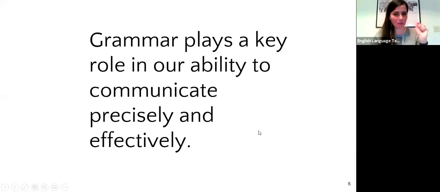So grammar does play a key role in our ability to communicate precisely and effectively. And this is one thing that I want to go back to throughout the presentation, because I feel like a lot of teachers think that grammar is not important, and it is important, but we need to take into consideration other things as well, like the context, the use, the perception of the users and of the person who's making grammatical choices, right?